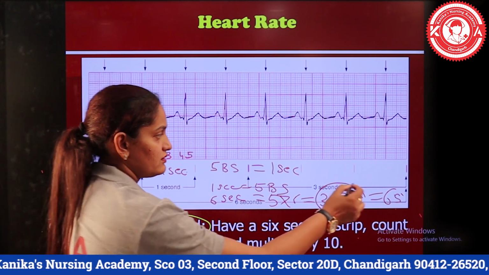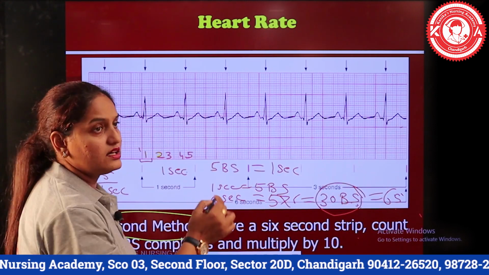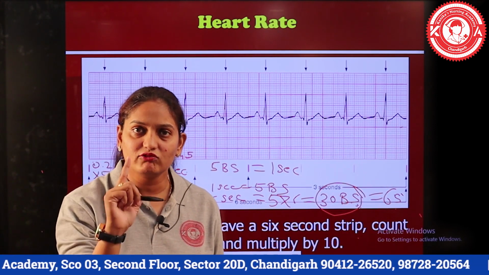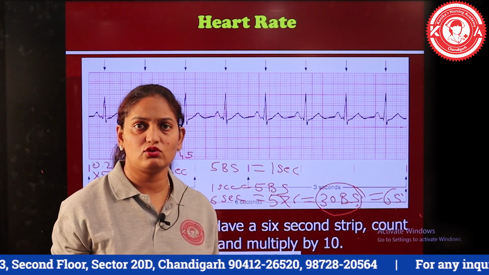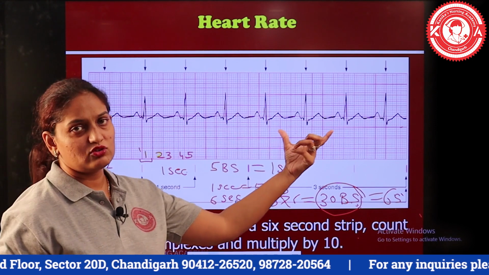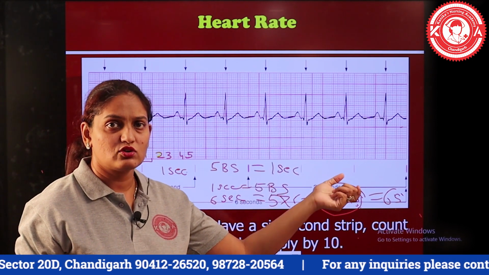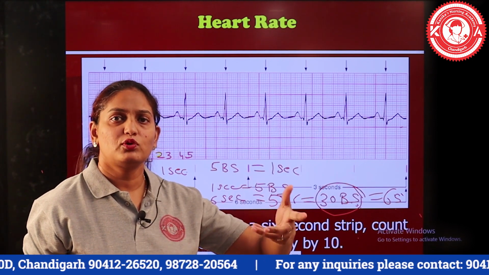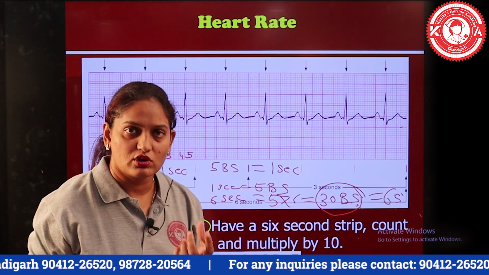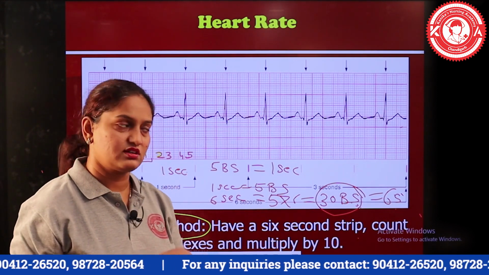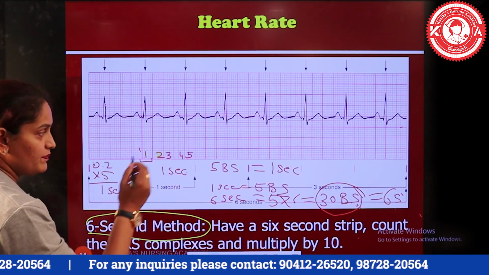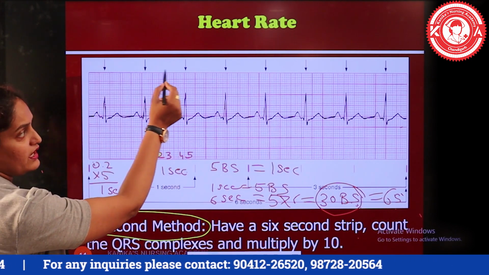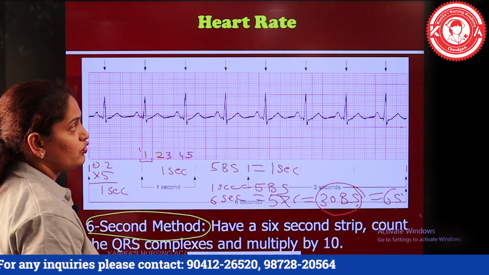The reason being, these are 6 seconds and we calculate the heart rate in 1 minute, so 6 seconds multiplied by 10 makes 60 seconds. And why only QRS complexes? Because the cardiac output is generated by the ventricular contraction, and ventricular contraction is manifested as the QRS complex on the ECG. The arrows are given here for better understanding.